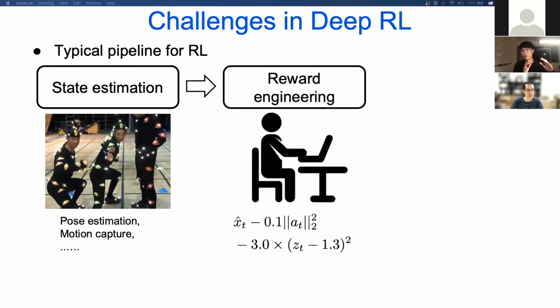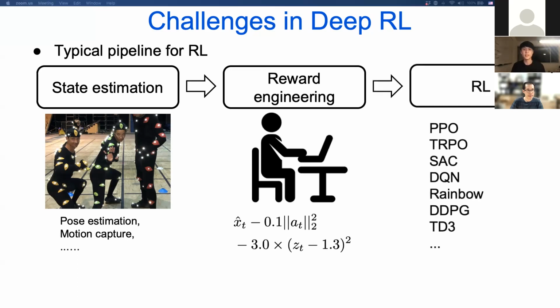Then once we define the state, we need to also define the reward that represents our target task. And as a final step, we train RL agents using various RL algorithms like PPO, TRPO, SAC, Rainbow, and so forth. However, the problem here is that it is extremely hard to do everything in this pipeline in every environment we encounter.